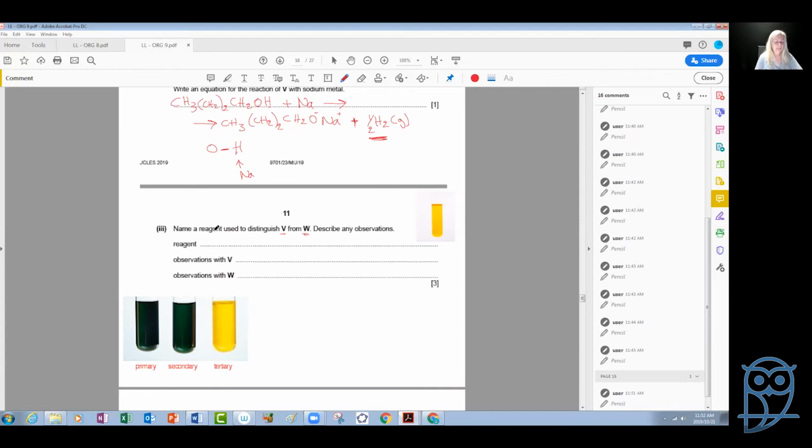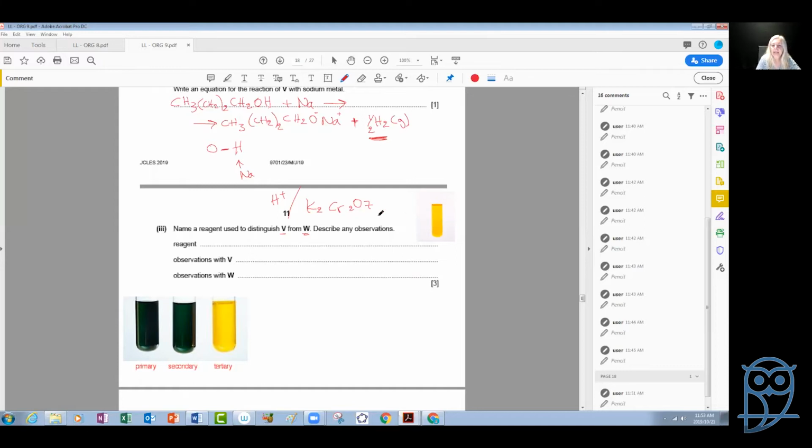Because if we use potassium dichromate, which is our oxidizing agent, what happens is if we add our alcohol to some acidified solution of potassium dichromate, this is the color, by the way, of the dichromate solution, this yellowish, that is, before we put any alcohol in.